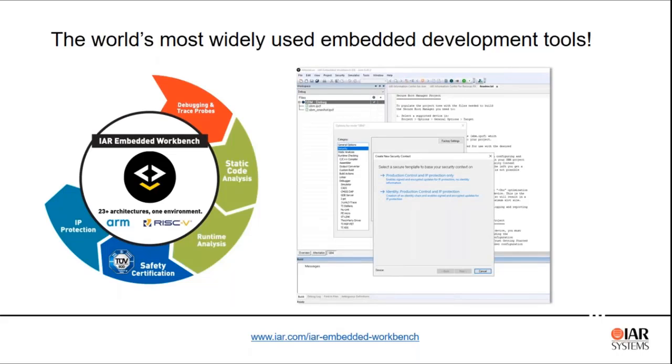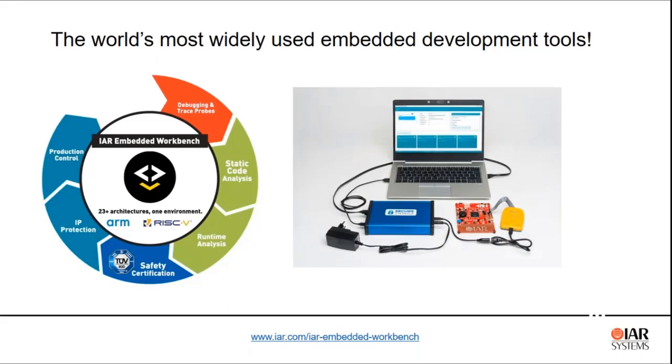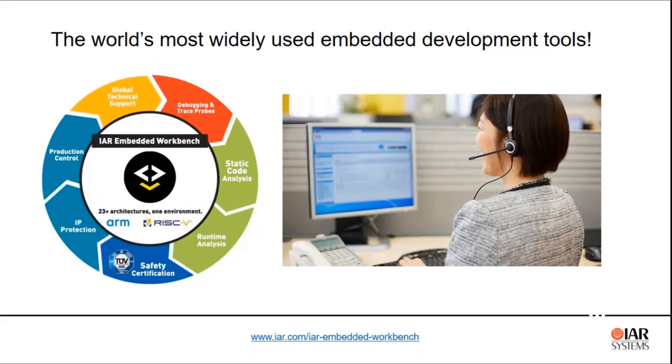Security legislation is becoming stronger and stronger, and IP protection and production control are also part of the solution. And finally, very important, these are professional tools, but at the same time there is someone to always help you. We are really proud of the global technical support that you have access to. So this is IAR Systems with IAR Embedded Workbench, where we can help you.